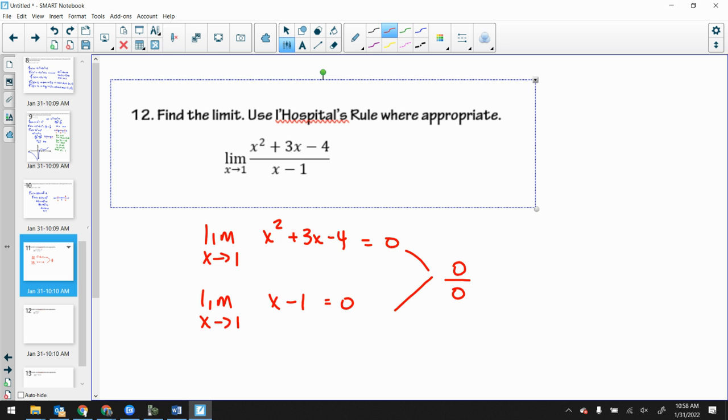You have to show that each time, or infinity over infinity. So that means that this is the limit as x goes to 1 of 2x plus 3 over 1. Plug in 1, 5.